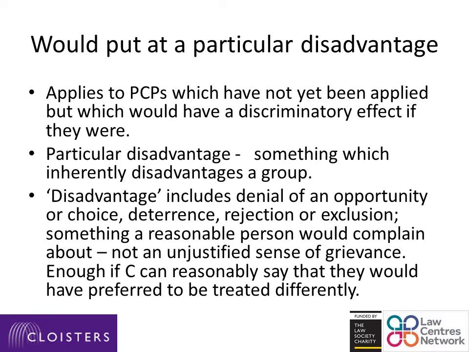But disadvantage includes denial of an opportunity or choice, deterrence, rejection or exclusion. It's going to be something which a reasonable person would complain about, so an unjustified sense of grievance is insufficient. However, if the claimant can reasonably say that they would have preferred to have been treated differently, then that will be enough to demonstrate disadvantage.